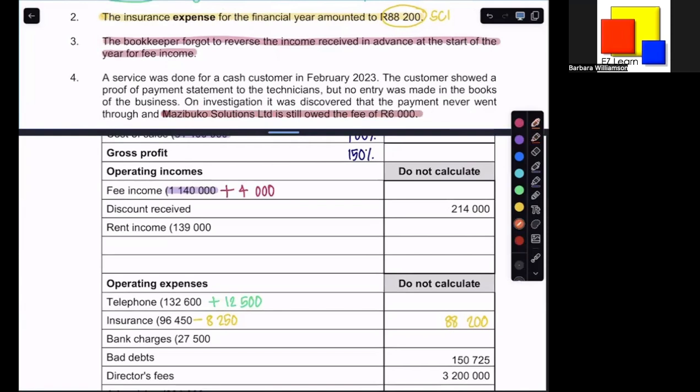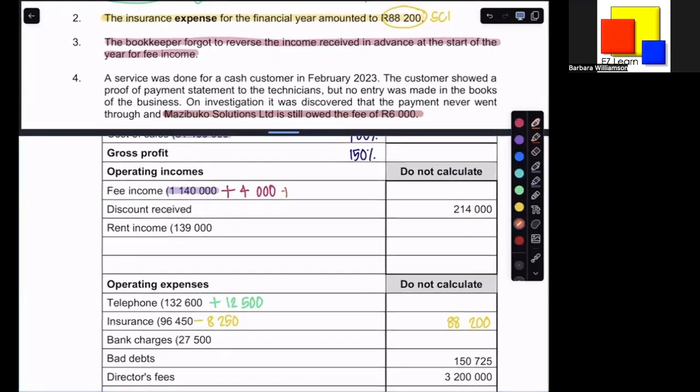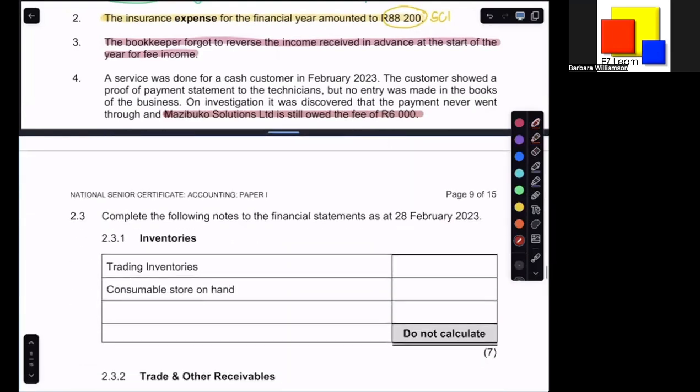That means that obviously our fee income needs to get bigger by the 6,000. And at the same time, we'll show it as debtors control because they still owe the money.